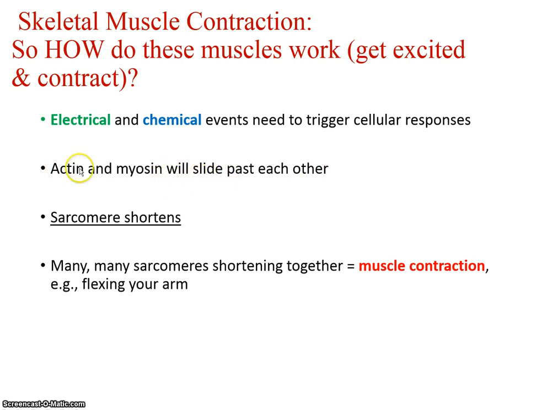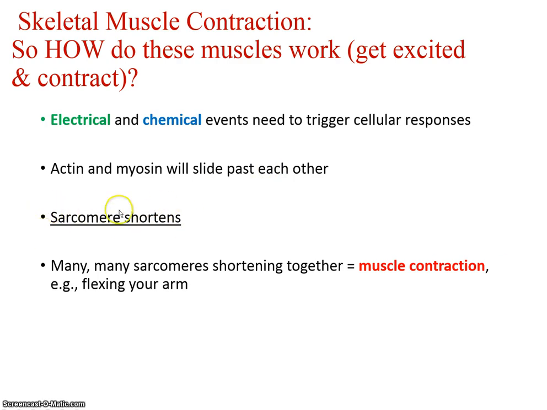And it turns out when they do this, when they bond or form a cross bridge, and they begin to move, the myosin moves along the actin, and the entire sarcomere shortens. And we want to look at this together. So we said there are thousands of these sarcomeres in the myofibril, and hundreds of myofibrils in a given cell, and thousands upon thousands of cells in a muscle, right?